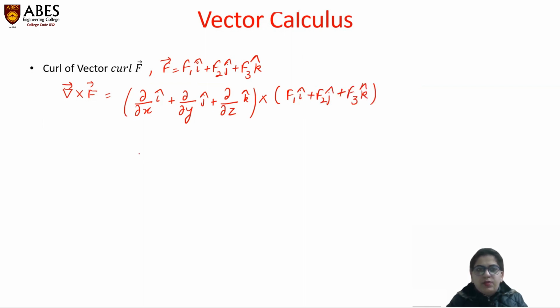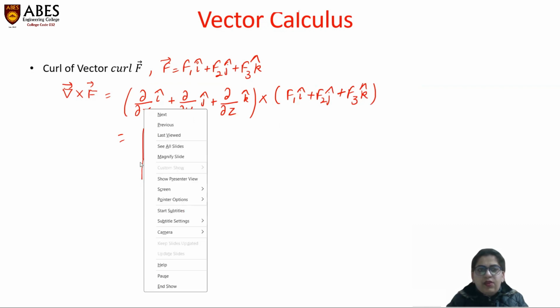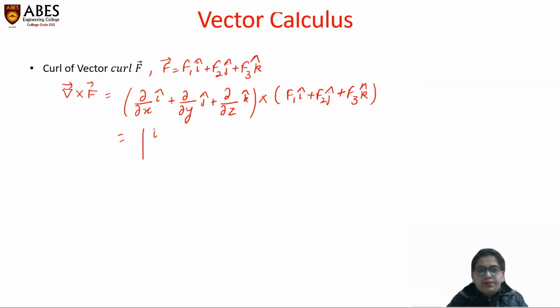To find the cross product of two vectors, we have to take it in the form of a determinant, in which your first row is i cap, j cap, and k cap, the second row includes the del over del x, del over del y, del over del z, and the third row consists of the second vector, that is f1, f2, and f3.